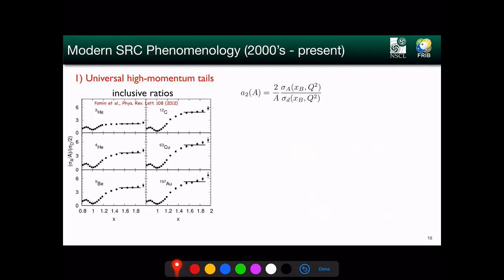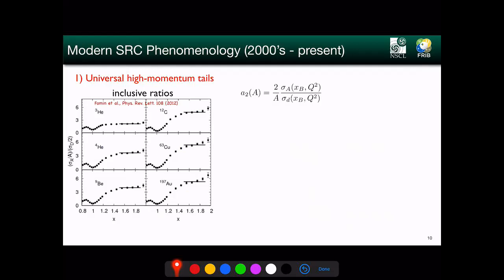So I'd like to now tick off some of the more specific SRC phenomenology, because I want to then circle back later and try to understand how we can reproduce or interpret this in a low resolution framework.